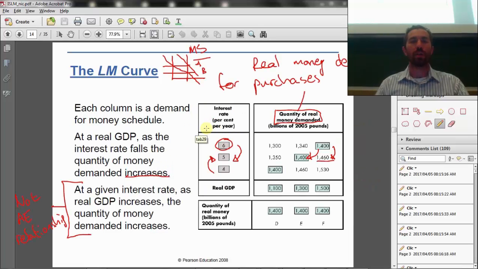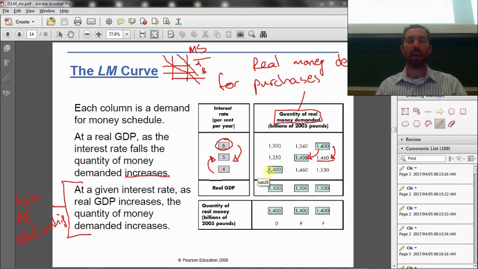We saw that if we look at the money market, as the interest rate increases, right, what would cause an interest rate to increase in the money market if we're assuming that the money supply is fixed? Okay, so we're looking at the demand side of the money market.